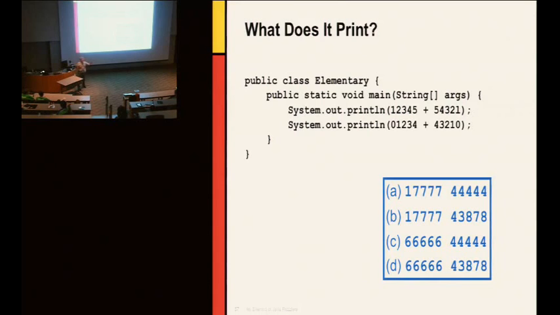So I'll give you 10 seconds since you've already had a long time to think about it. All right, time is up, and we'll take the votes. So how many believe that this one is choice A, 17777, followed by 44444? I only see maybe 3 of you. 3 for choice A. How many people go for choice B?